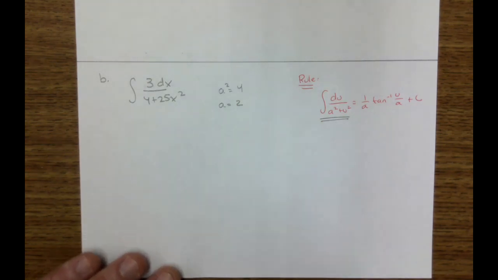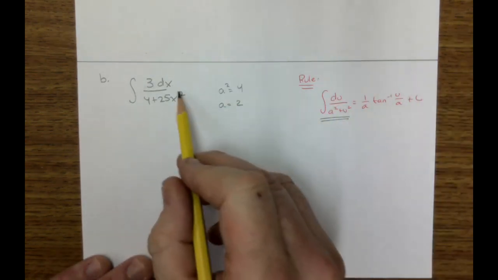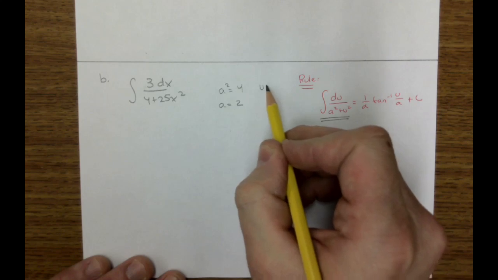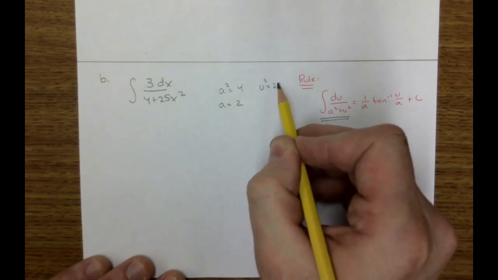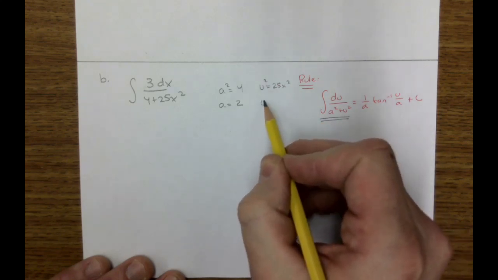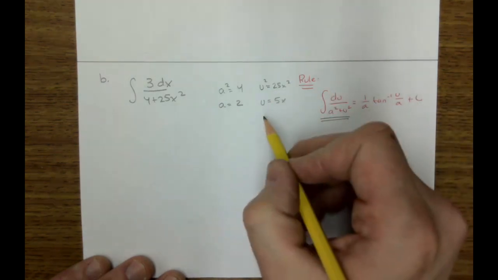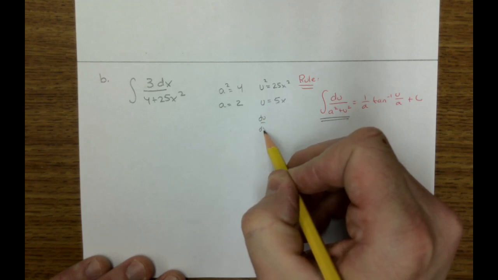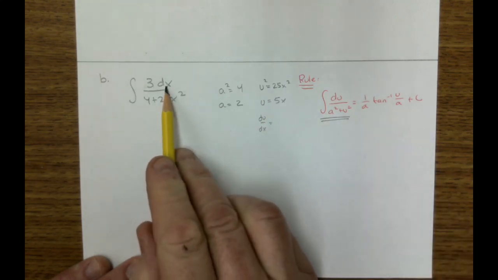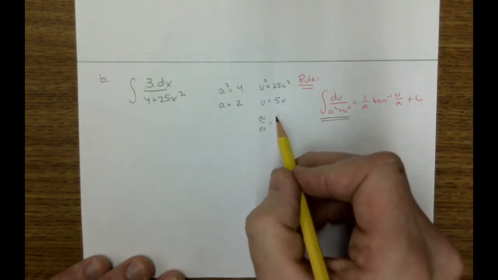Just take the square root. We're going to leave it positive. And I need all of this, which is u squared, to be 25x squared. That's 5x. And again, I know from a lot of experience with u substitution, I need to get rid of a dx, and dx comes in right there, so that's 5.